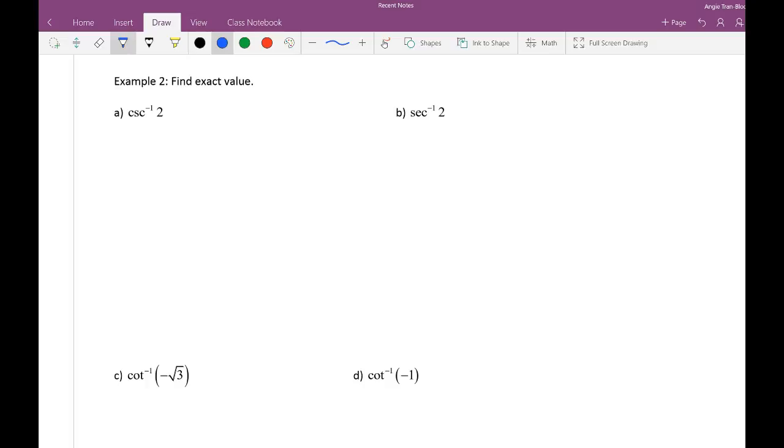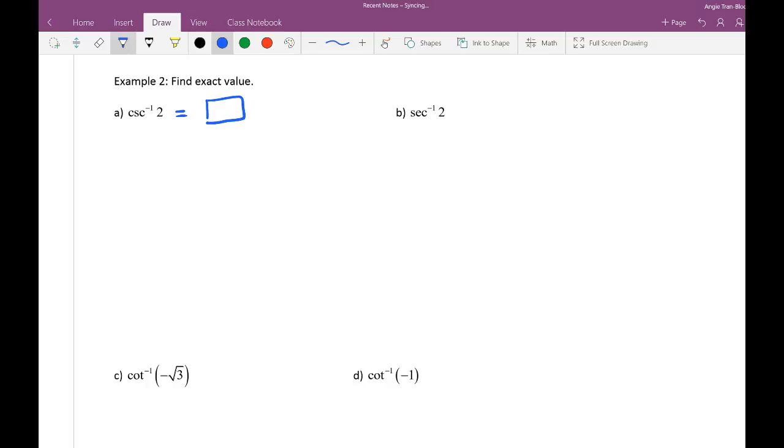Just like what we did in class, at first we went very slowly. So what I'm going to do first is say, hey, cosecant inverse of 2, in theory, should have a value, an answer. Maybe it's undefined, maybe there's an answer that we can find.